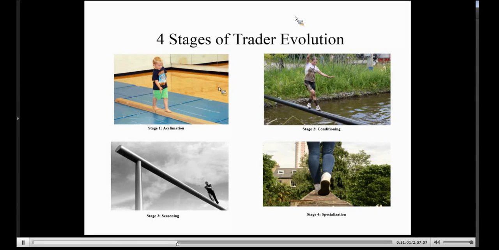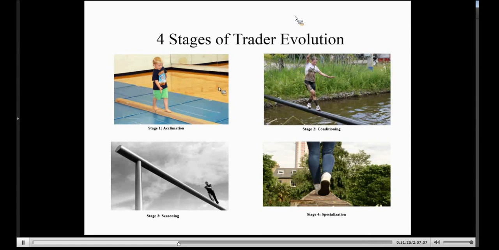Stage 3 is your seasoning. That's where you are very familiar at this point because you have gone through the conditioning and the repetition. And then the specialization stage, where you focus on a handful of stocks and you're literally like a specialist or a market maker.